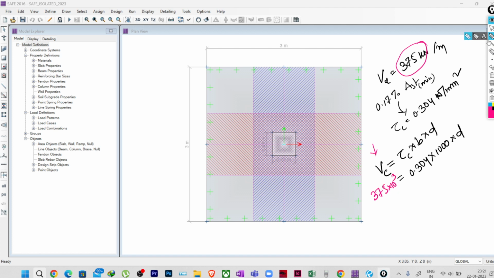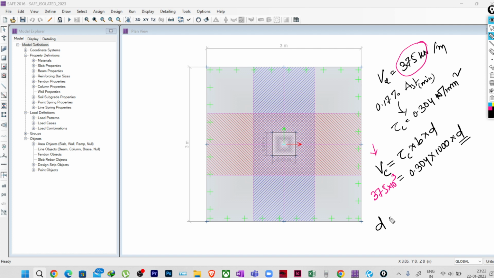Why 10 cube? Because we have converted this to Newton. If I convert this to Newton, and these are also in Newton per mm square and Newton, mm, in that case you can find the D.